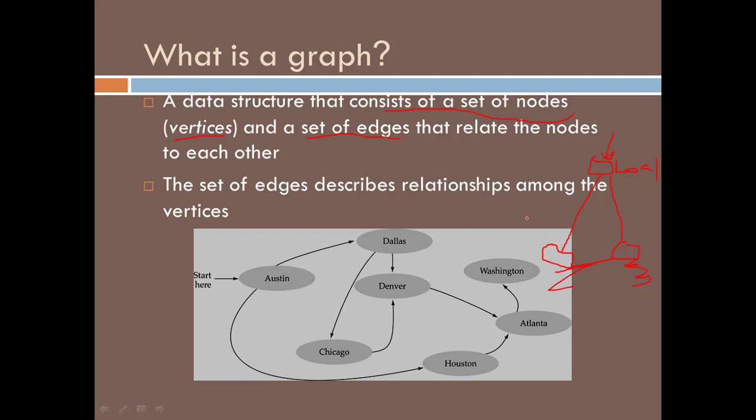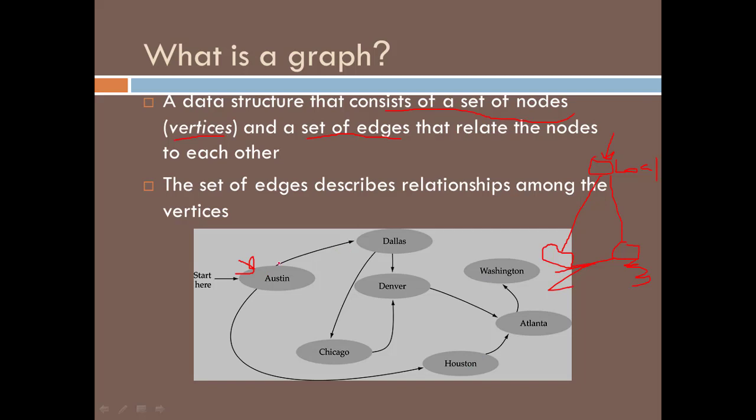Let's look at this graph, which is representing the states of a country, most probably the United States. This is the start point, Austin. Austin may be a city, and then there are other places: Vancouver, Denver, Chicago, Dallas, Washington, Atlanta, and so on.